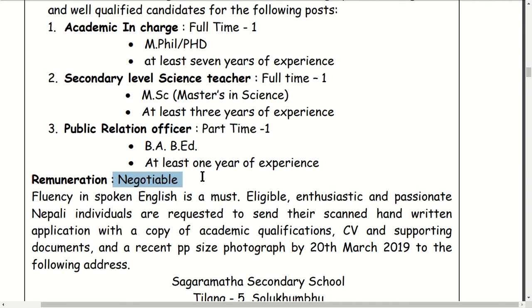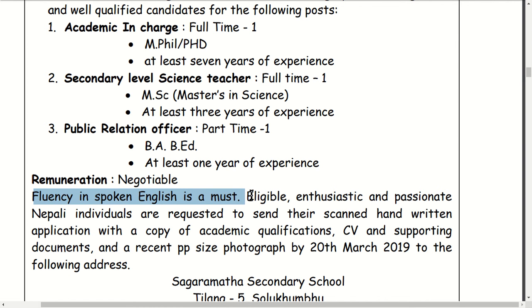What kind of person is given top priority? The organization is looking for a person for whom fluent spoken English is a must, a person who can speak English very well, fluently, without any hindrance. Expression means he speaks English very well.